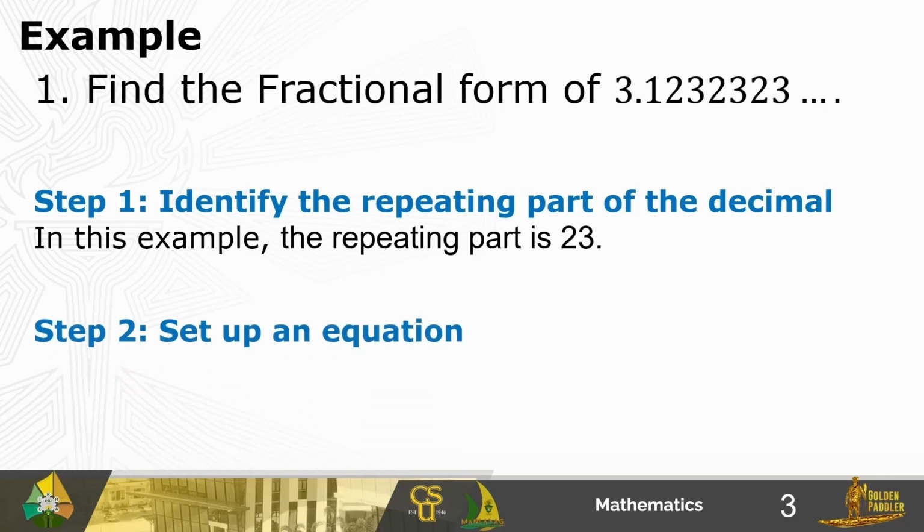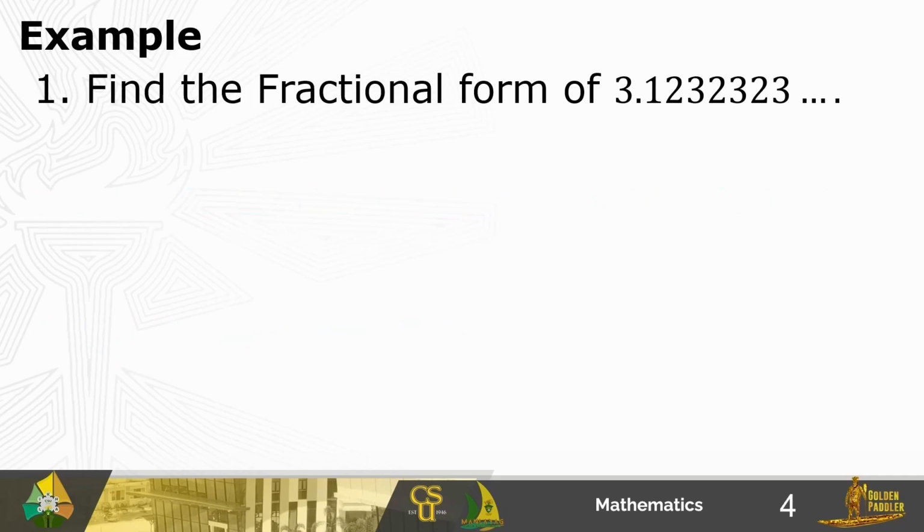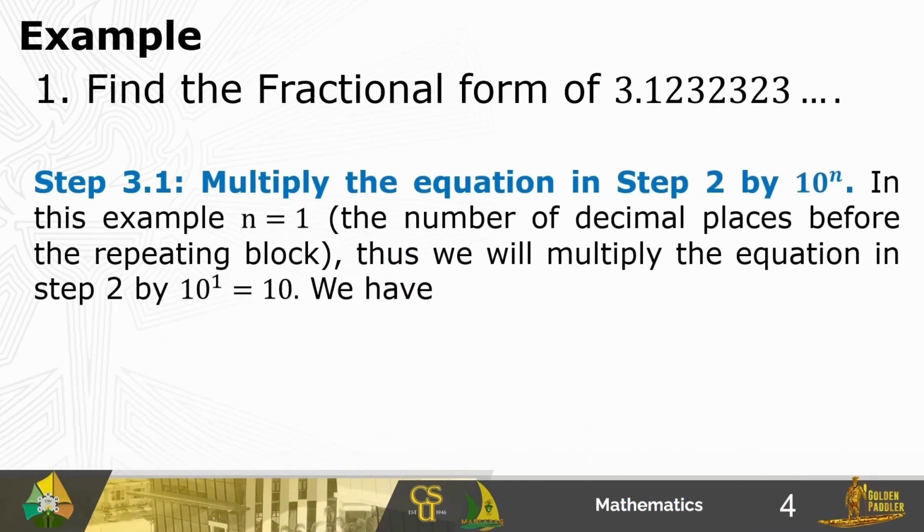Let x be the number, so x equals 3.1232323... For the third step, we multiply the equation in step 2 by 10 to the n, where n is the number of decimal places before the repeating block.